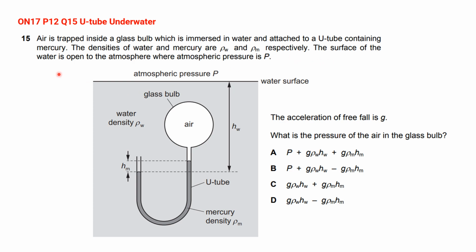The surface of the water is open to the atmosphere, where atmospheric pressure is P. The acceleration of free fall is G. What is the pressure of the air in the glass bulb? And we have 4 different expressions.